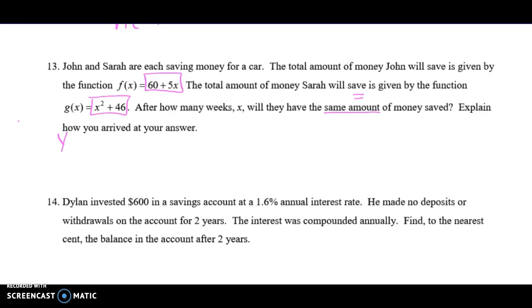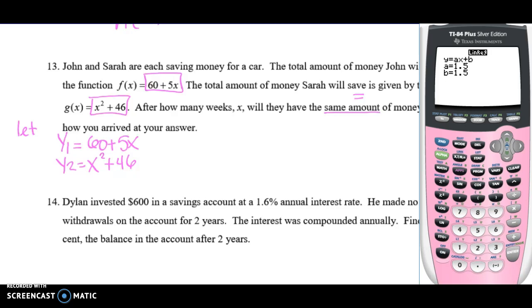So I'm going to let y1 equals 60 plus 5x and y2 equal x squared plus 46. Come into my calculator. y1, 60 plus 5x. And y2, x squared plus 46.